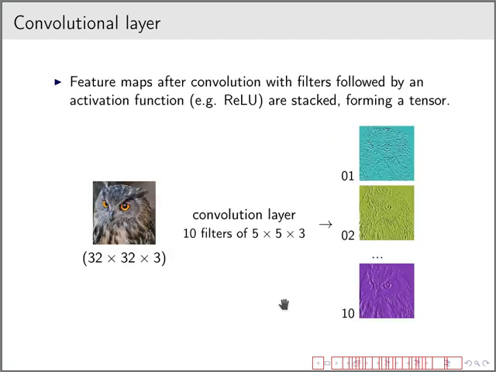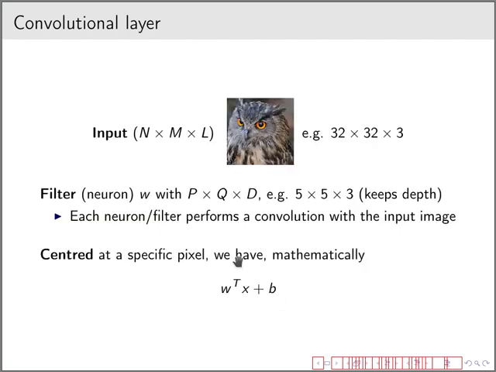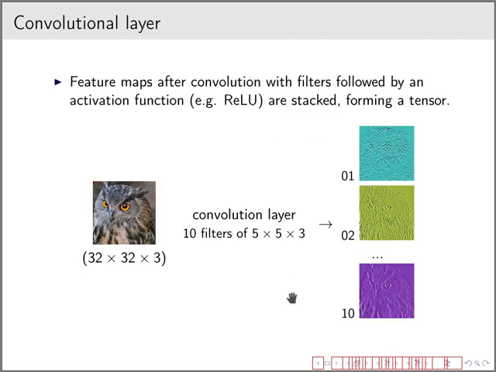However, here we process it differently because, remember, convolutions operate locally, not globally. A convolution filter only operates on all pixels if the size of the filter is the same size as the image, which often is not the case.